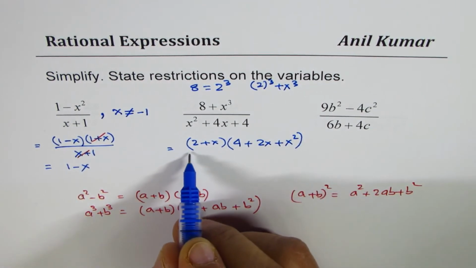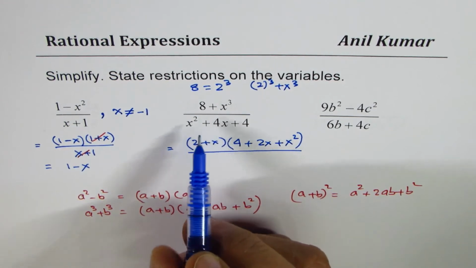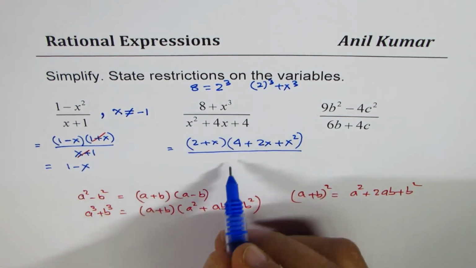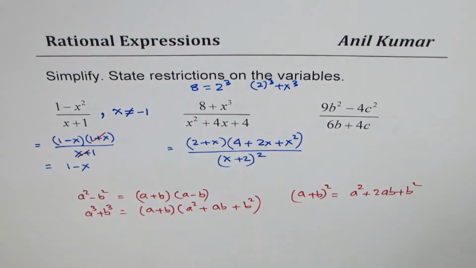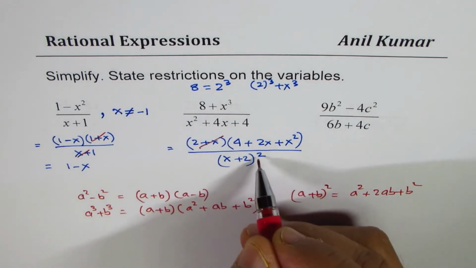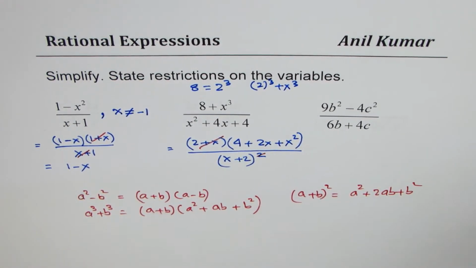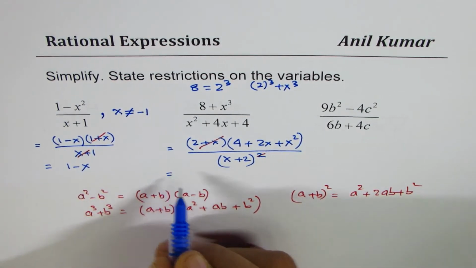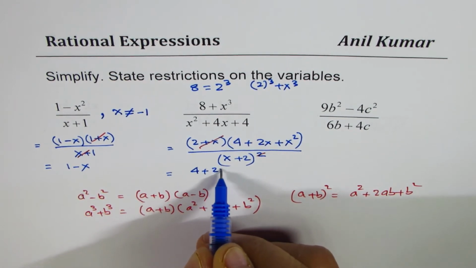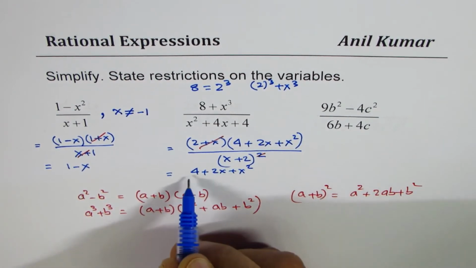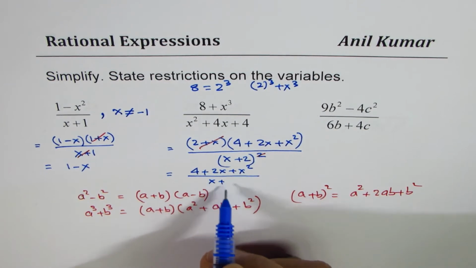So that becomes the numerator, and the denominator is a perfect square. It is x plus 2 whole square, correct? Now you can cancel the factors x plus 2, which leads to the simplified version, which is 4 plus 2x plus x squared divided by x plus 2.